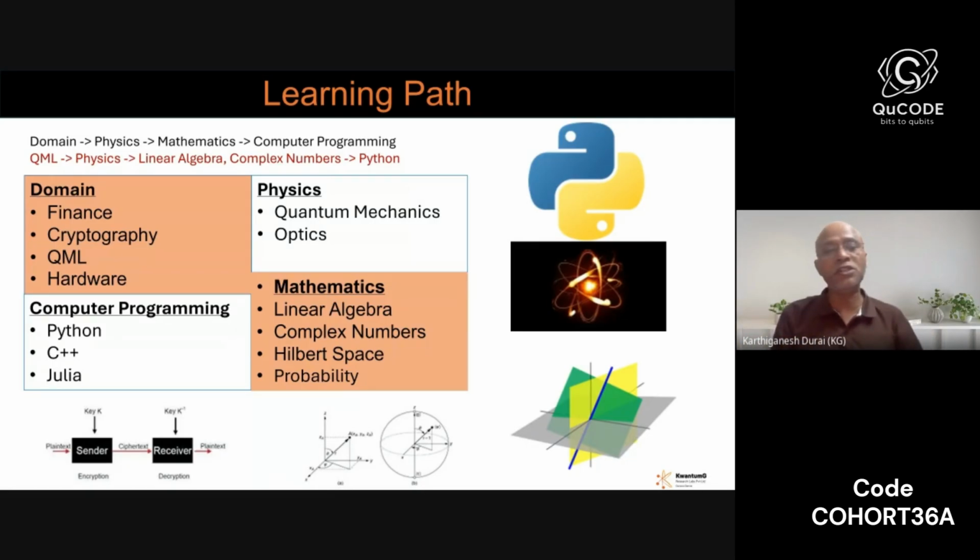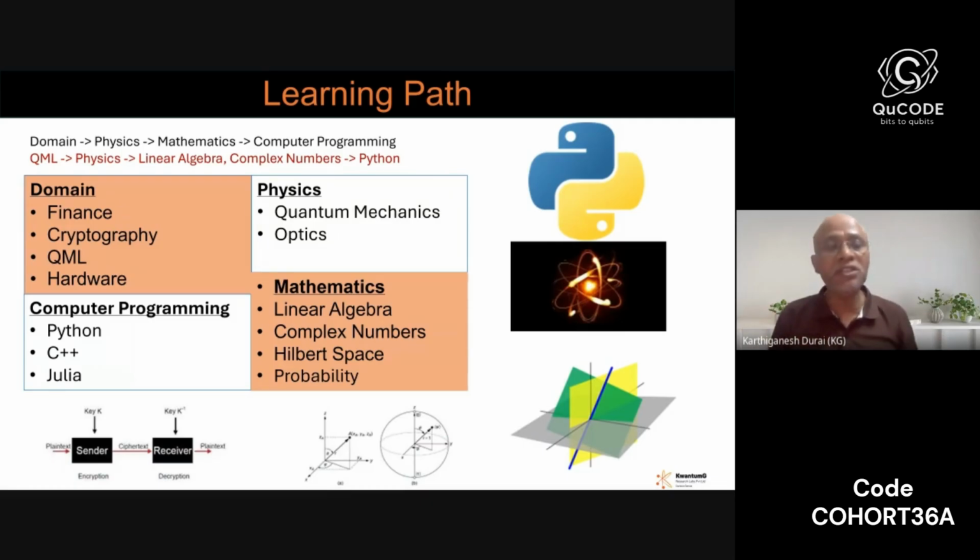If you are a mechanical engineer, you can plan quantum optimization for your domain problems, like if you are in automotive or aerospace or machinery or heavy engineering systems, those optimizations.